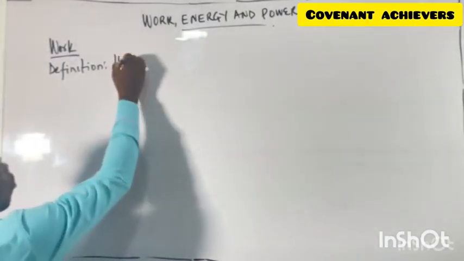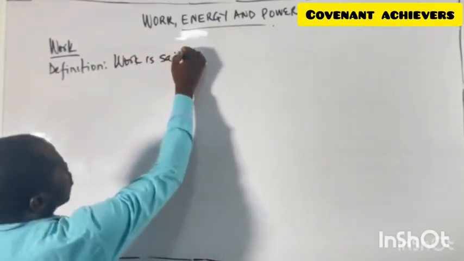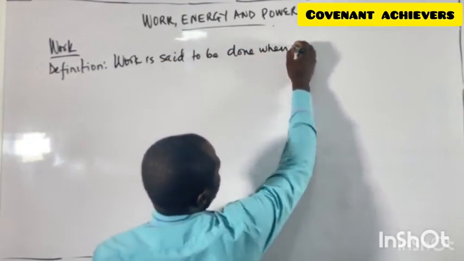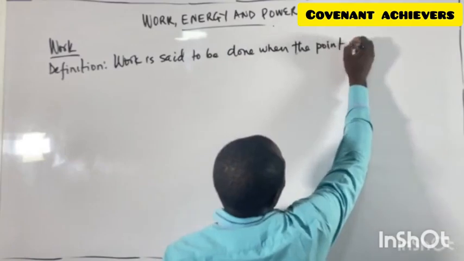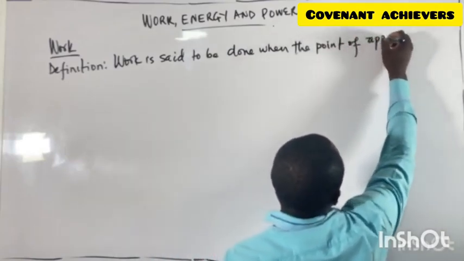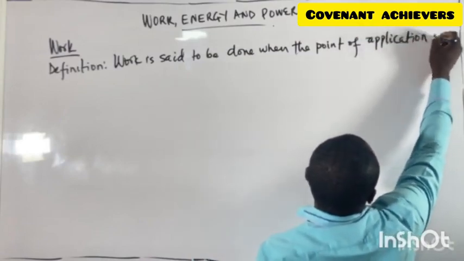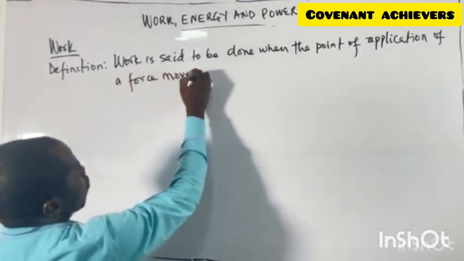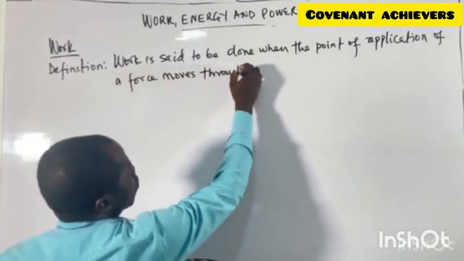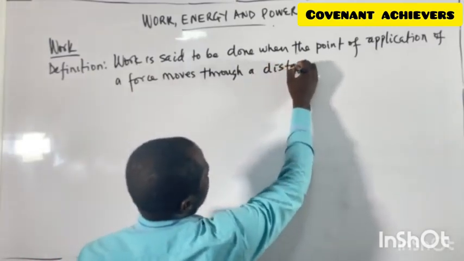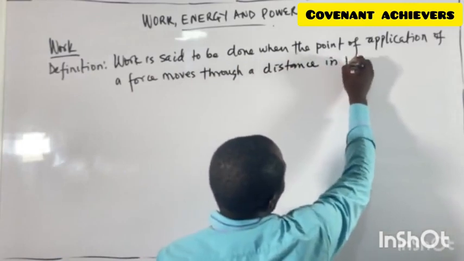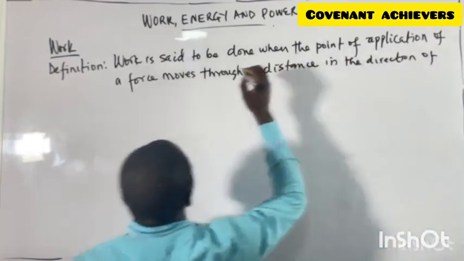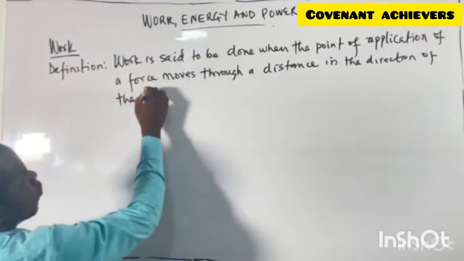You can see that work is said to be done when the point of application of a force moves through a distance in the direction of the force.